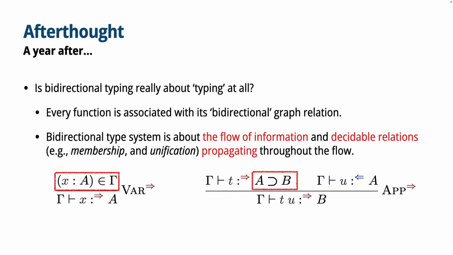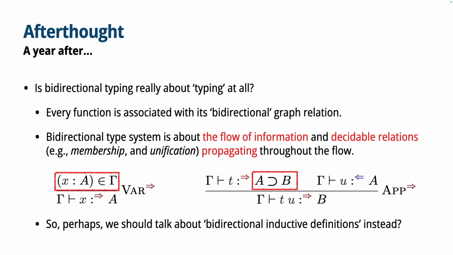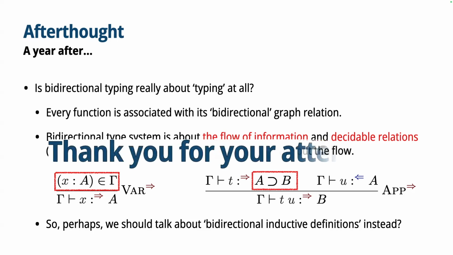So maybe it's not really about bidirectionality. Maybe it's not really about type systems at all. It's perhaps about inductive types, inductive definitions, and whether this inductive definition is bidirectional or not. But I haven't worked this out yet. So let's start here.